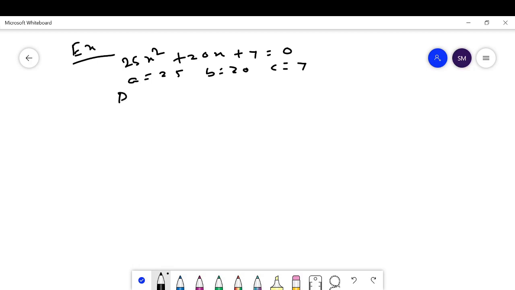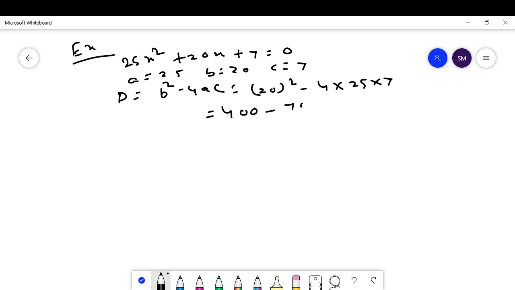Then here D equals B square minus 4AC, which is equal to 20 square minus 4 into 25 into 7. This is 400 minus 700. This is minus 300. Minus 300 is less than 0.